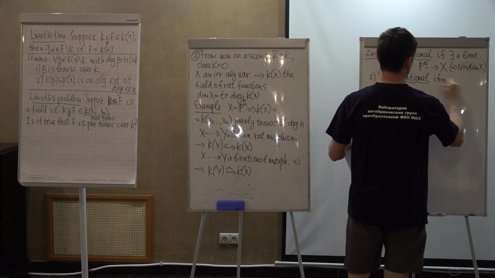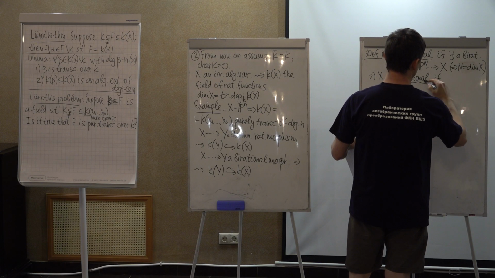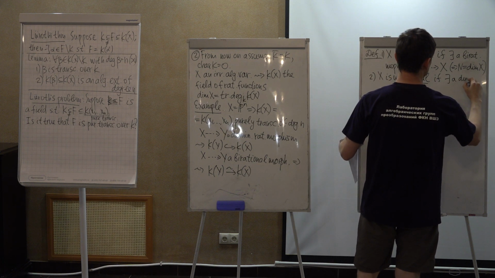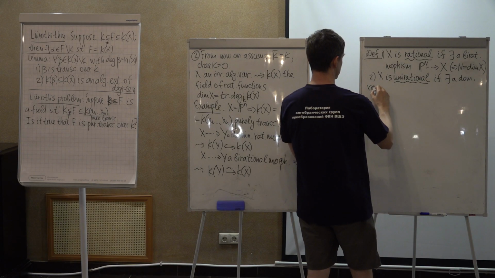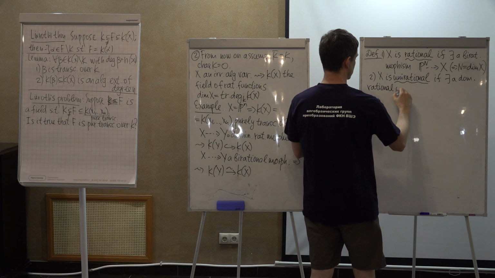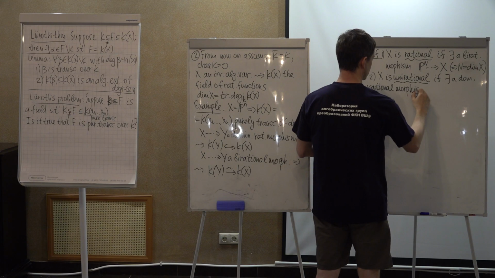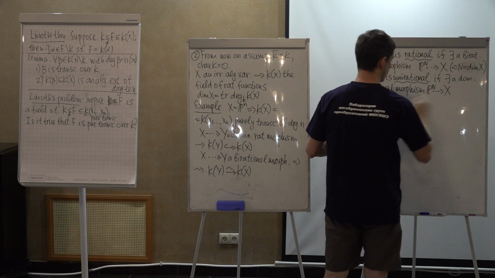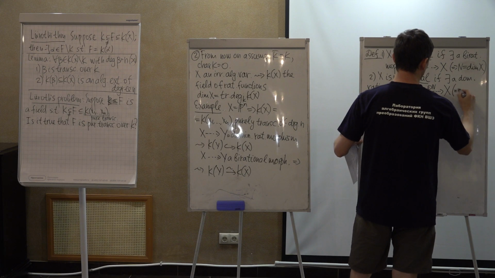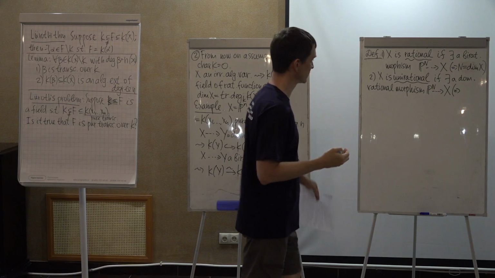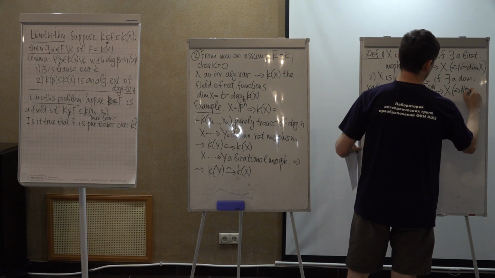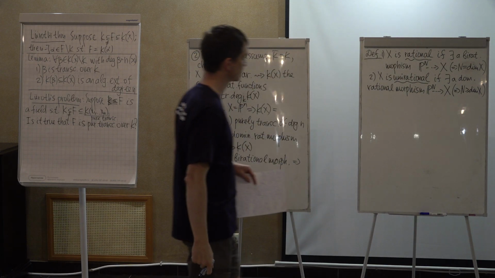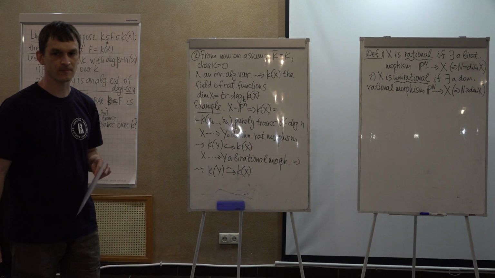This is given by the existence of a dominant rational map from P^n to X. And this is, of course, possible only in the case where n is greater than or equal to the dimension of X. Okay.